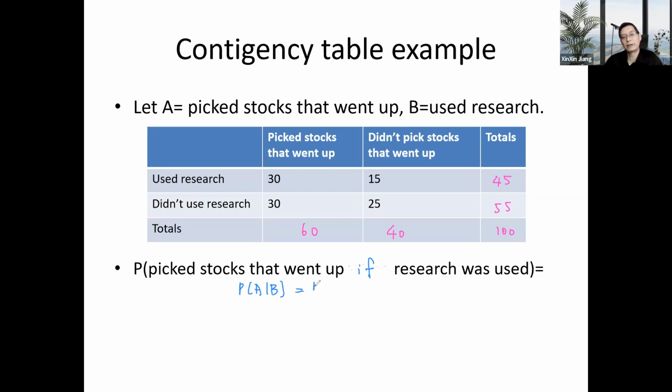You could use the definition. A intersect with B, so you used research, and went up is A actually. So A intersect with B is 30 out of 100. That's a probability. And the probability of B, that is 45 out of 100.